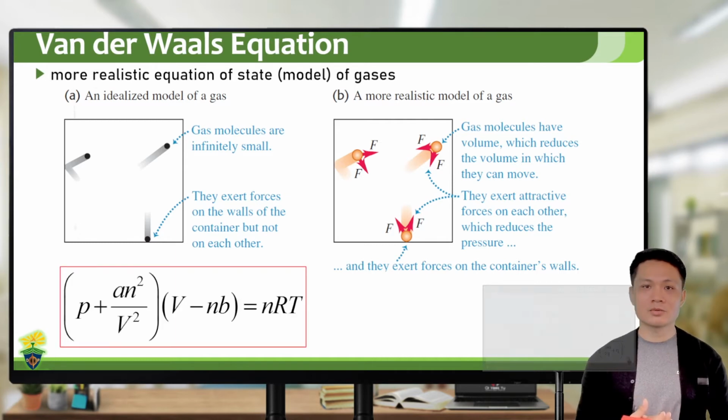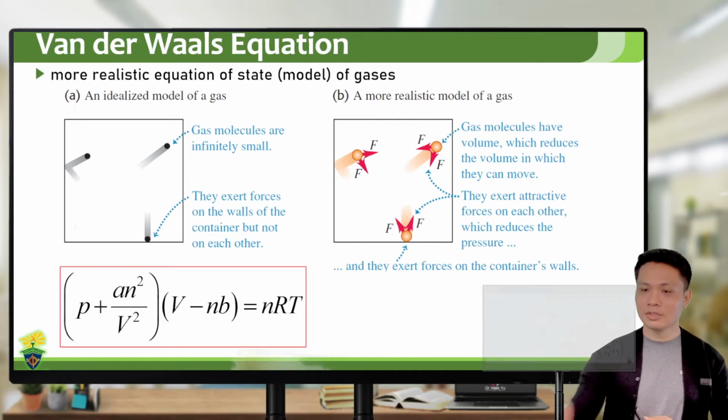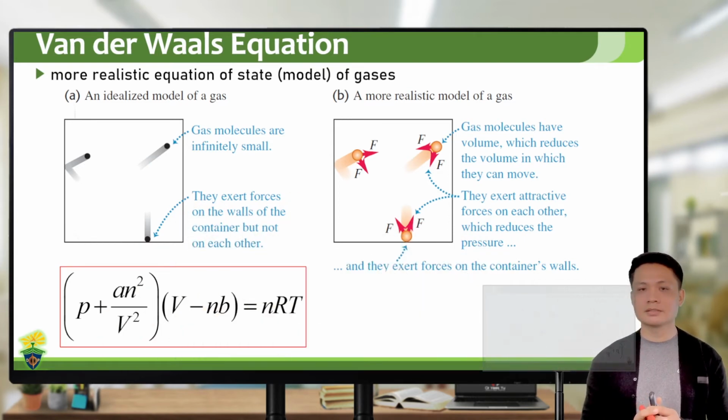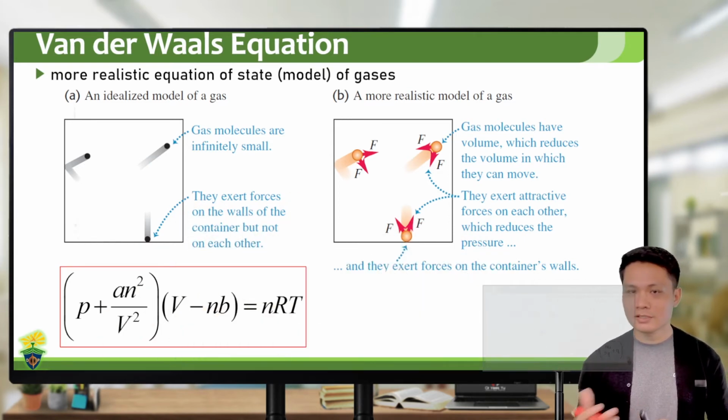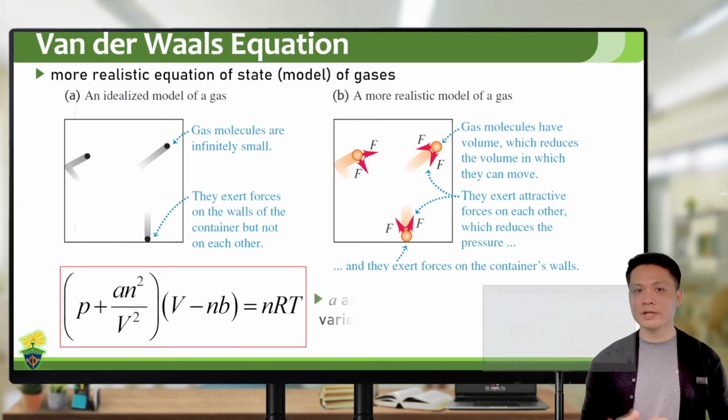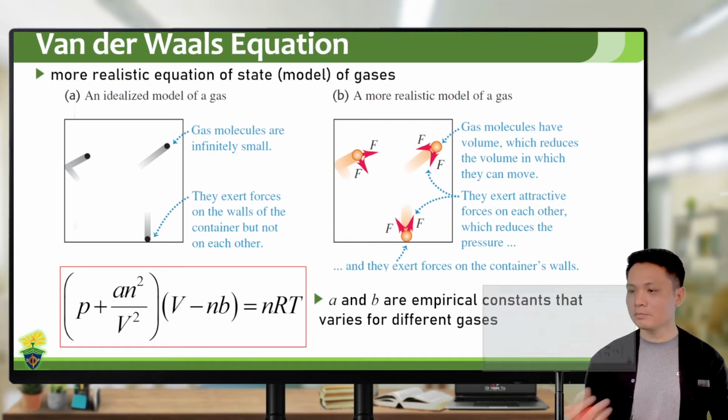And this is our equation. We have P plus an squared over V squared, times the difference between the volume and nb, is equal to nRT, where the parameters a and b are constants which depend on the type or kind of gas which will be considered in a particular mathematical calculation.